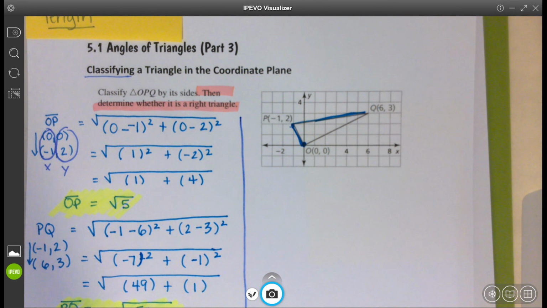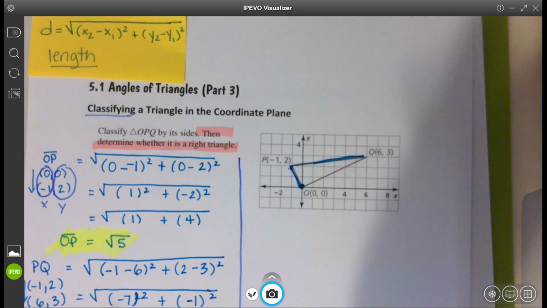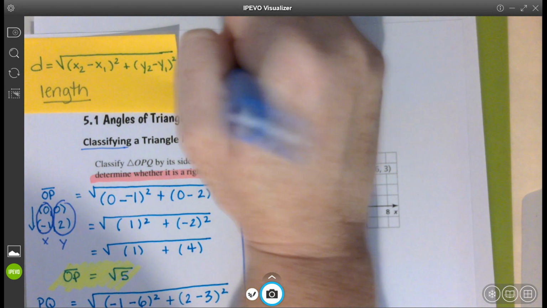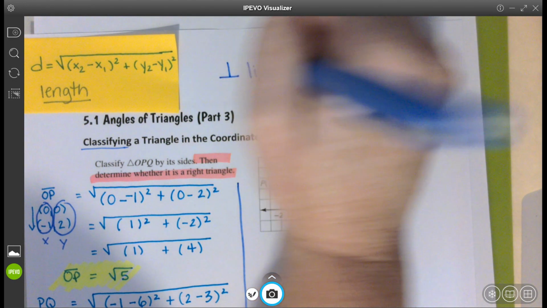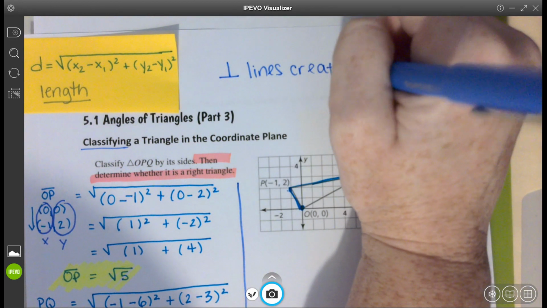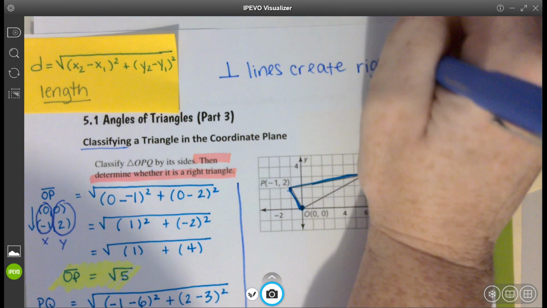Now, to determine if we have a right angle, we have to go back and talk about what makes a right angle. We learned a little bit about that in previous lessons. So we know that perpendicular lines create right angles.